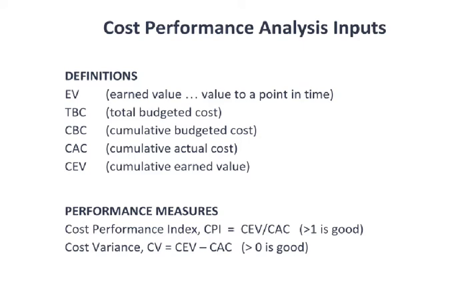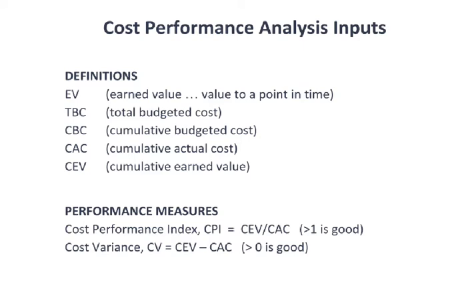A counter metric that is also often used is called the cost variance, the CV. The cost variance is the cumulative earned value minus the cumulative actual cost. So CEV minus CAC. You're using the same two items in both of these, cumulative earned value and cumulative actual cost. Do you form them into a ratio and set that equal to 1 or better for positive performance, or do you determine the difference, CEV minus CAC, and you want that to be greater than 0?